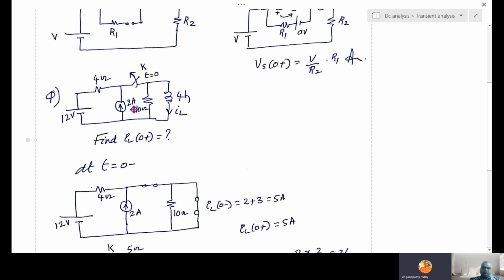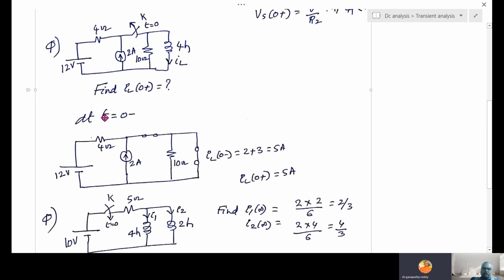Then another question. These are all small questions, all already asked in some competitive examinations. You have to solve them in 1 minute or 1.5 minutes. In this, find IL at 0 plus. IL is the current here. Because they are asking 0 plus, draw the equivalent circuit at 0 minus.